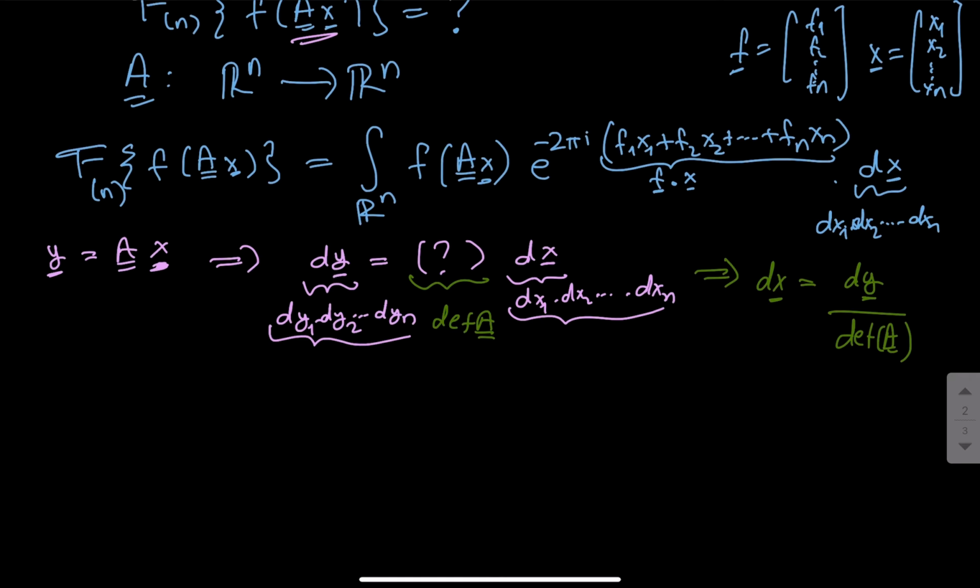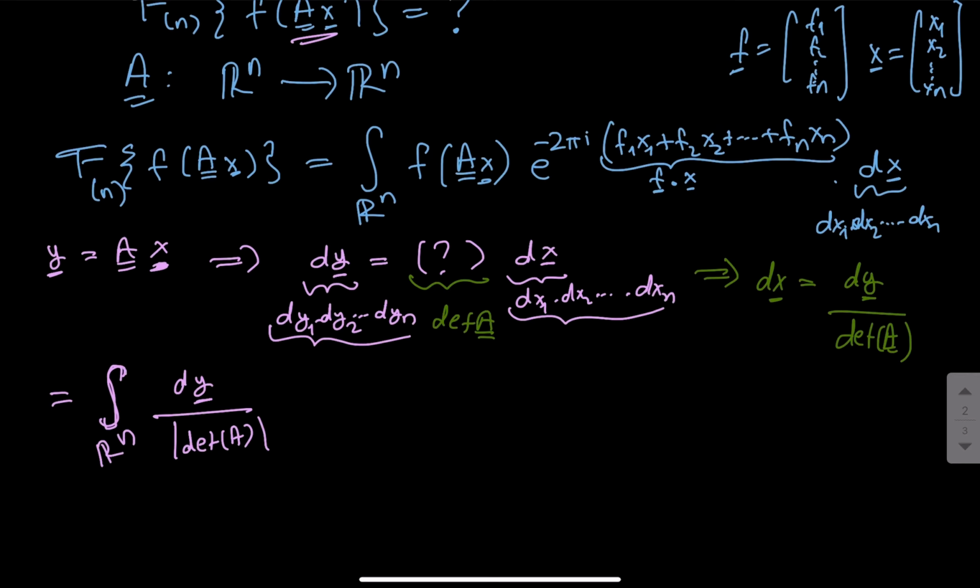Now let's write the integral again. dy over the absolute value of the determinant of A. This is because if the determinant is positive, we should keep the boundaries of the integral as they are. However, if the determinant is negative, we should change the integral boundaries.